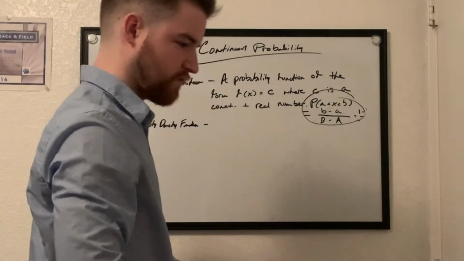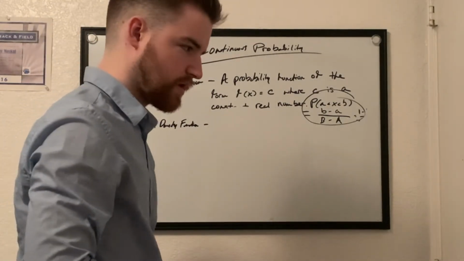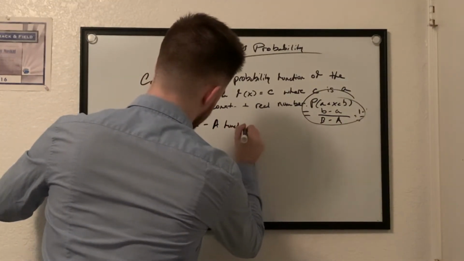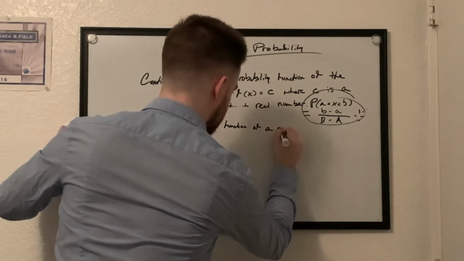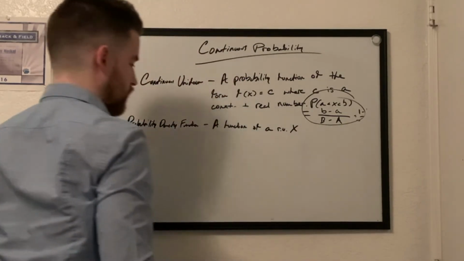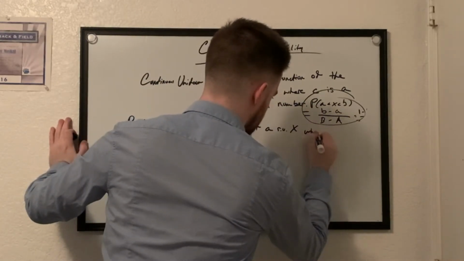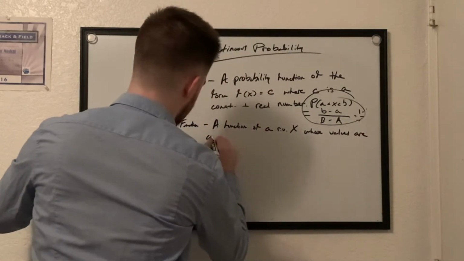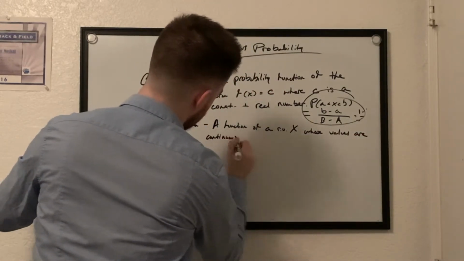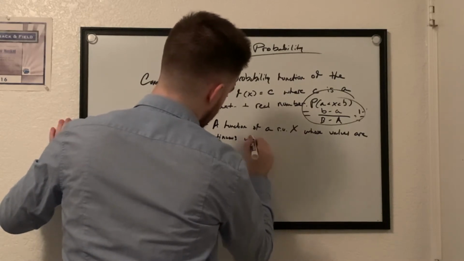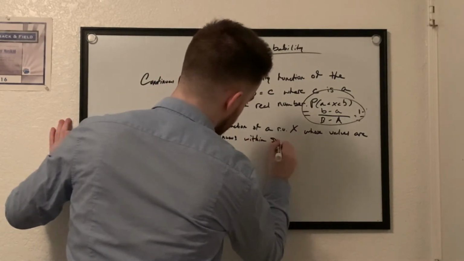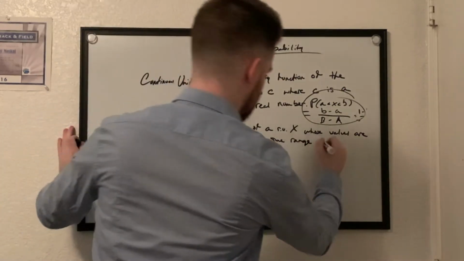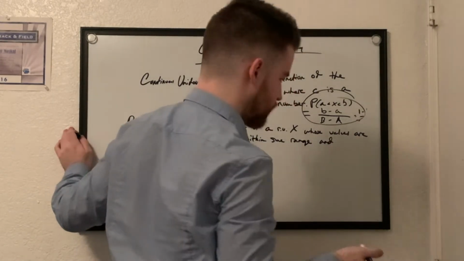So a probability density function is simply a function of a random variable x whose values are continuous within some range and satisfies the law of total probability.